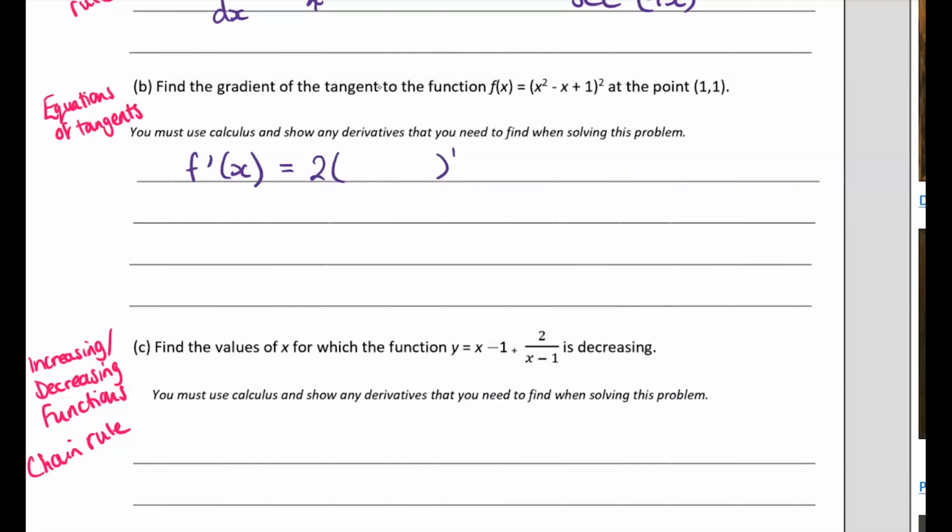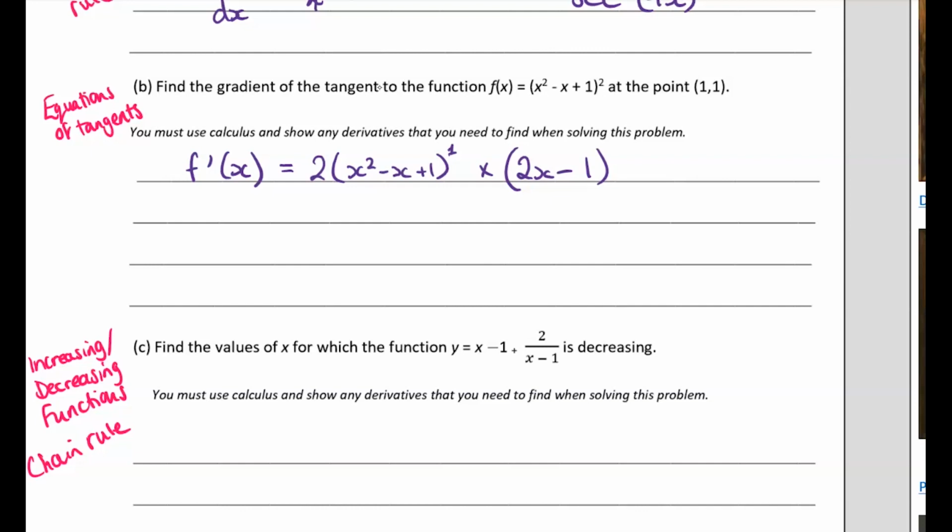So we would do 2 times that bracket and reduce the power by 1, so that's a little to the power of 1. You wouldn't need to write the 1, I'm just putting it in for completeness here. So leave the inside alone and then multiply by the derivative of the inside, and make sure you put that in a bracket, otherwise you will get that wrong.